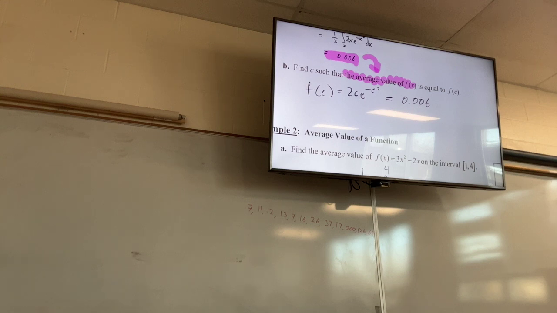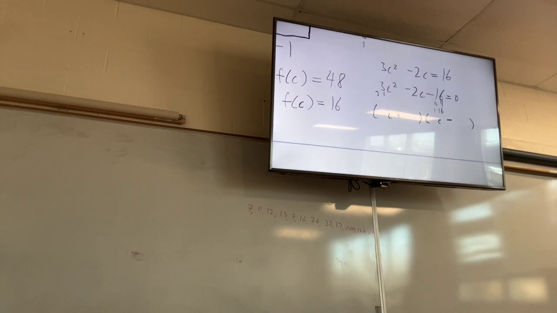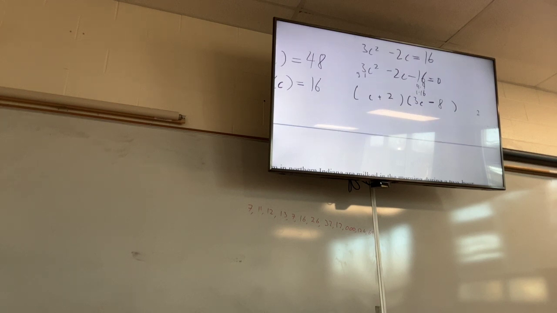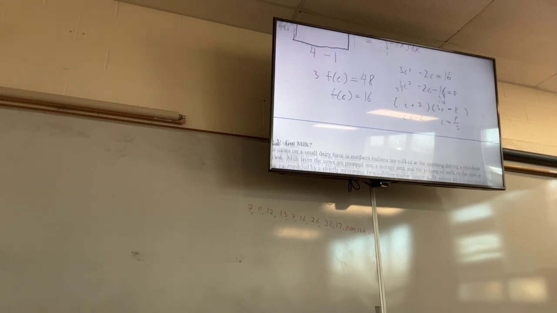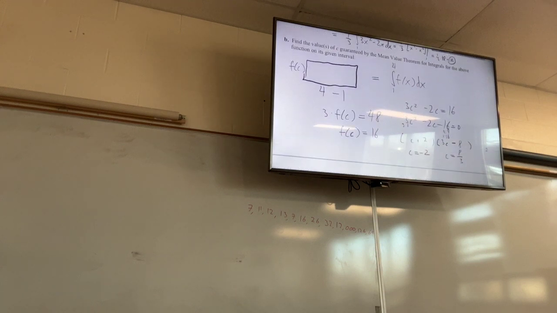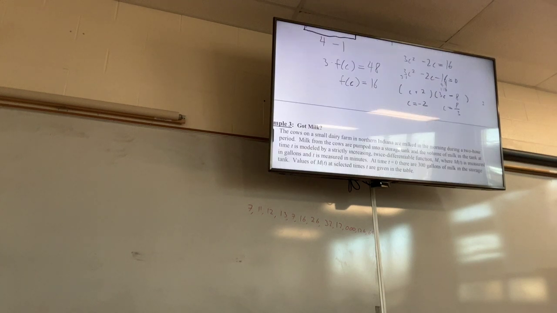Oh, okay. So 3c minus 8, c plus 2. Okay, yeah, so we get c equals -2 and c equals 8/3. Thank you, Dinar. Okay, which one of these answers is wrong? -2. Why is that wrong? Because it's not in the interval.